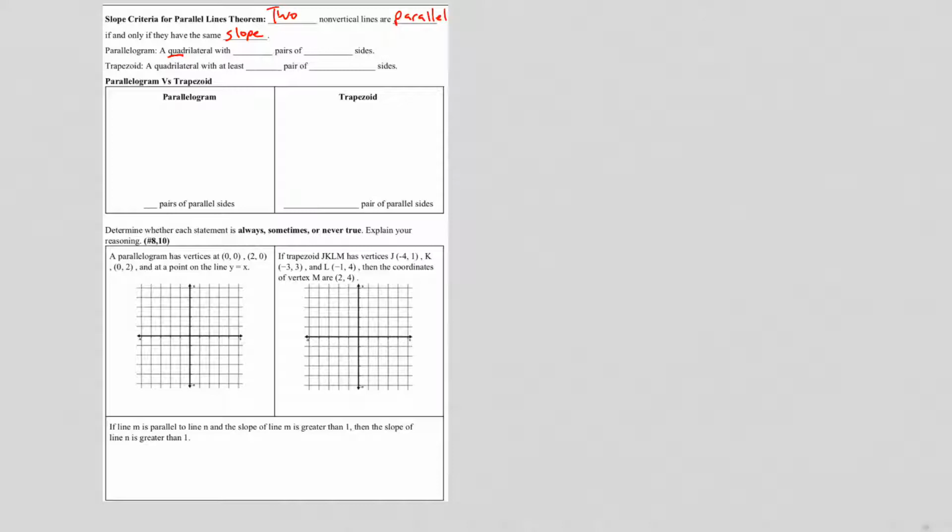So a quadrilateral is a four-sided shape, and a parallelogram is a quadrilateral with two pairs of parallel sides, and a trapezoid is a quadrilateral, basically a four-sided shape with at least one pair of parallel sides.